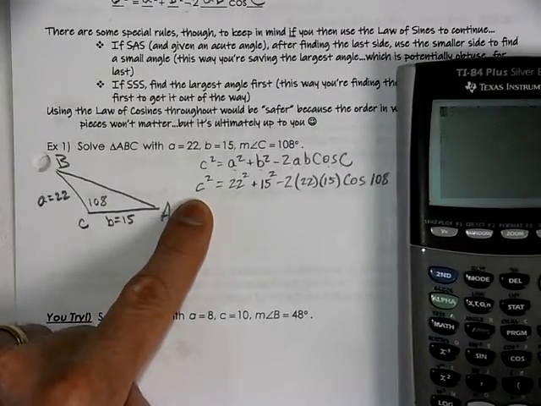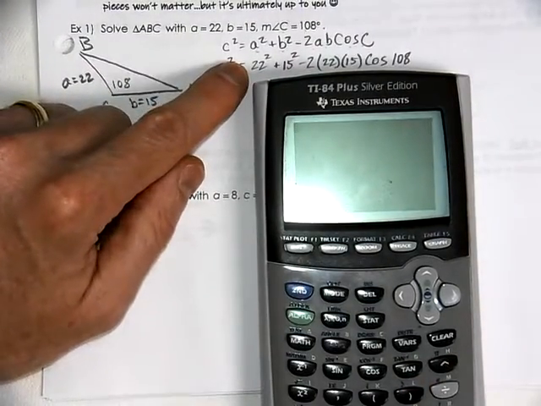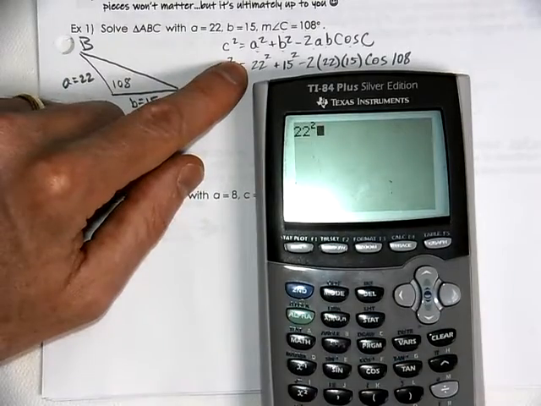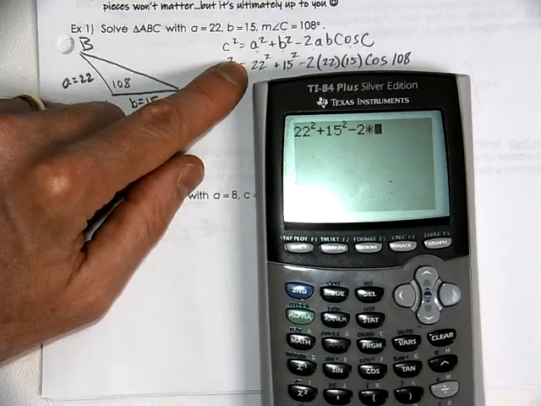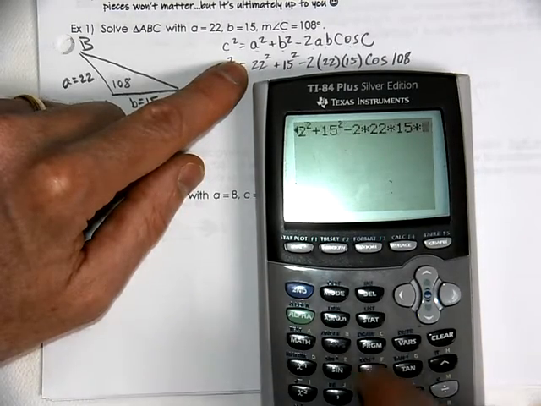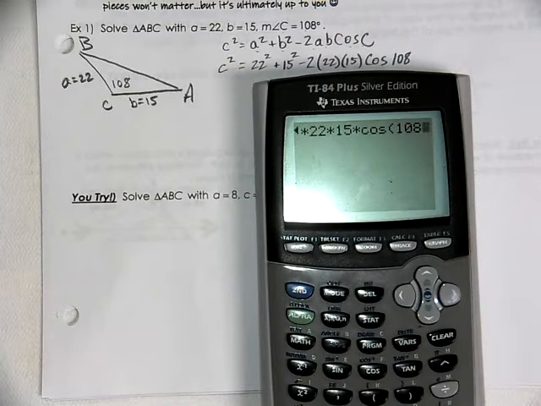So we're going to go to our calculator now and type this in. So we have 22 squared plus 15 squared minus 2 times 22 times 15 times the cosine of 108. You need to be sure you're in degree mode.